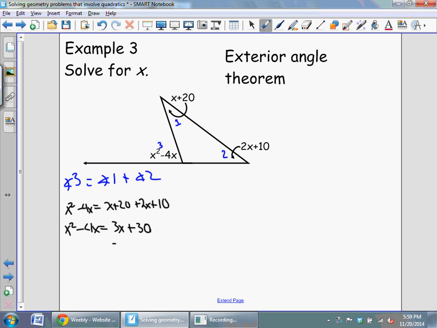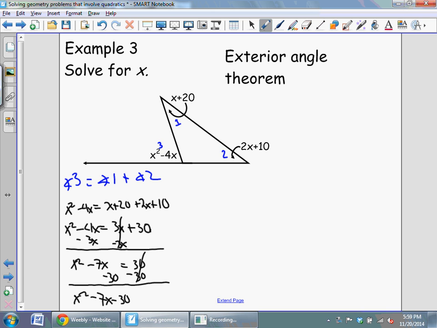So I'm going to write minus 3x, and that gets us x squared minus 7x equals 30, and then minus 30 here, and I get x squared minus 7x minus 30 equals 0.